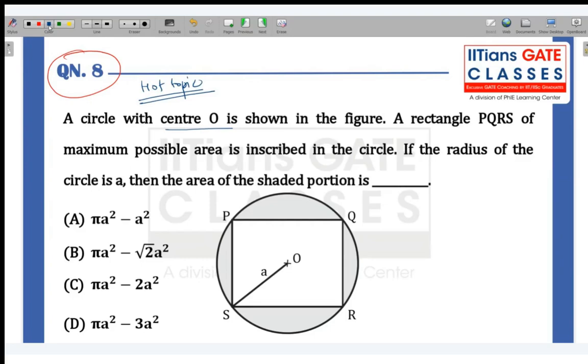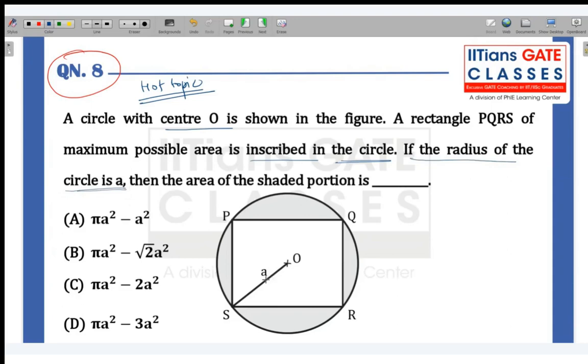Spatial aptitude. So you see here the circle with center O is shown in the figure. One circle is there. A rectangle PQRS of maximum possible area is inscribed in the circle. If the radius of the circle is a, they have already mentioned the radius.